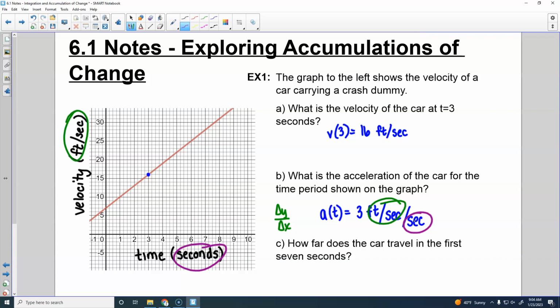But if I want to know how far the car travels in the first 7 seconds, then I look at where time equals 0 up to where time equals 7, and I find the area underneath this curve right here.